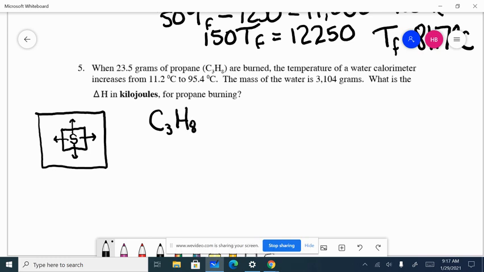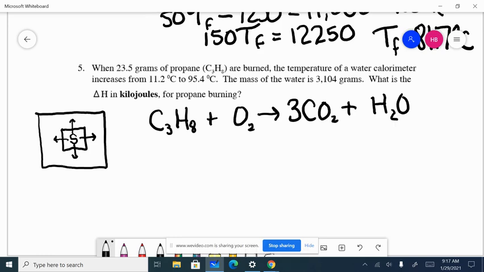Remember, we're talking about propane, so the coefficient for propane has to remain 1. So I'm going to balance this like such. And I'm going to calculate the change in temperature before I start this time. 95.4 minus 11.2. And I get 84.2 degrees Celsius.